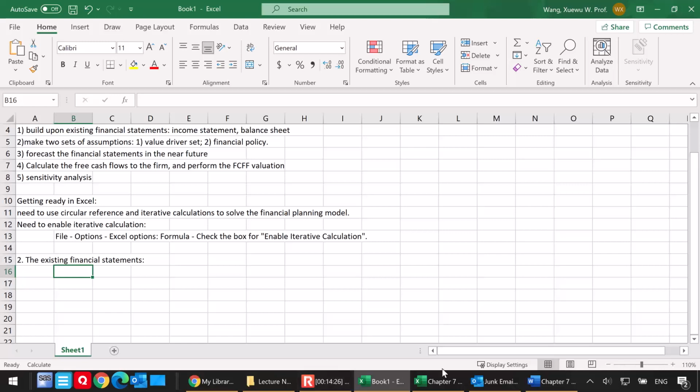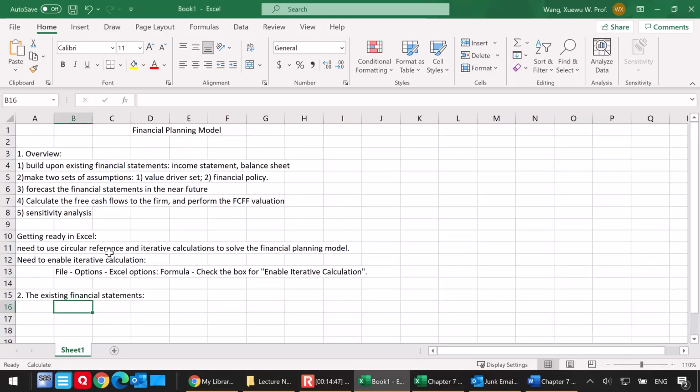Okay, so we're going to model these financial statements in Excel, and then we're going to make assumptions and forecast the financial statements, and then finish the valuation exercise. Okay, so this is my overview here, and I want to start a new tab.